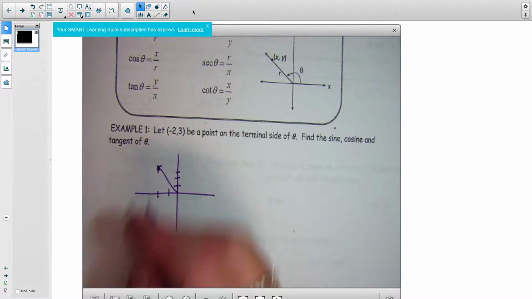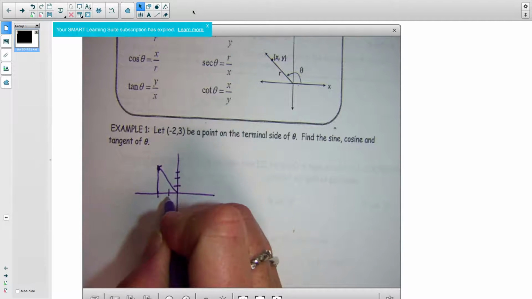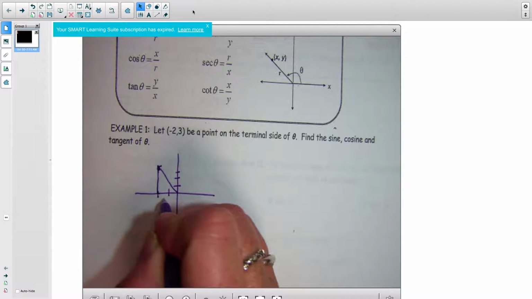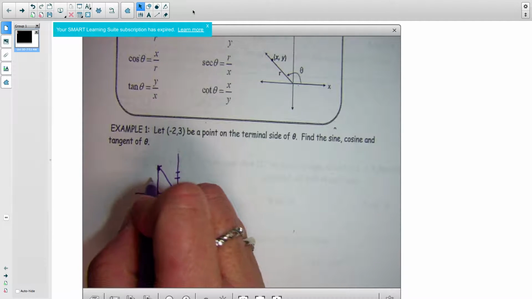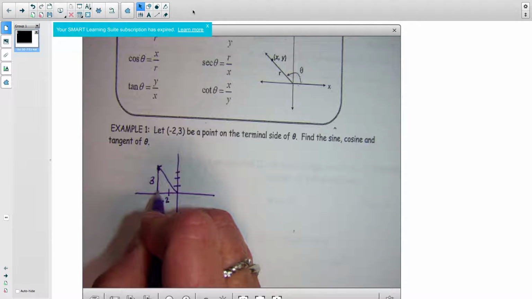So there's your radius. Well, what do you know? What is this side here? I put a -2 there because, I know I don't measure lengths as negatives. This negative is just giving me direction. And then going up is what? 3. That's my ordered pair. I went over 2, up 3.